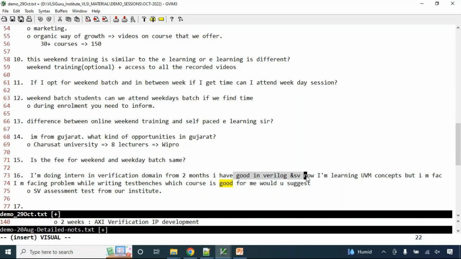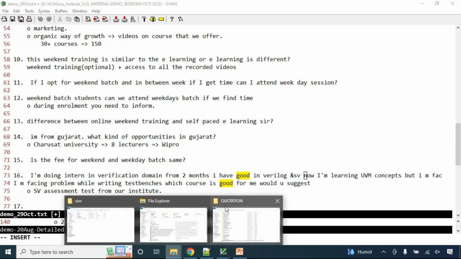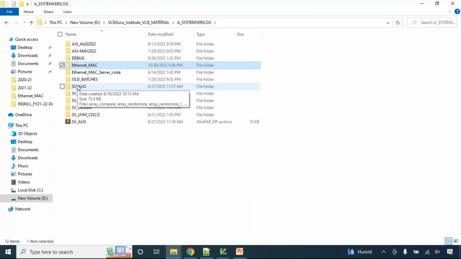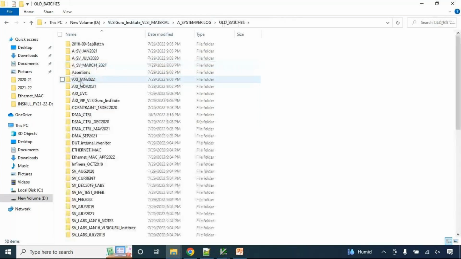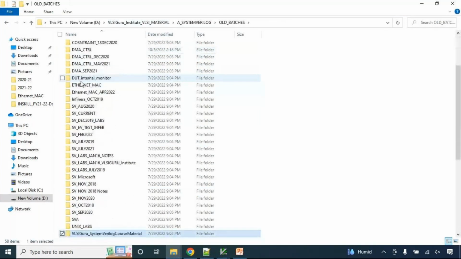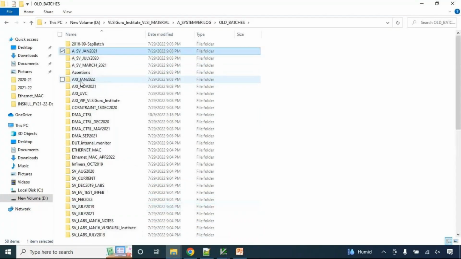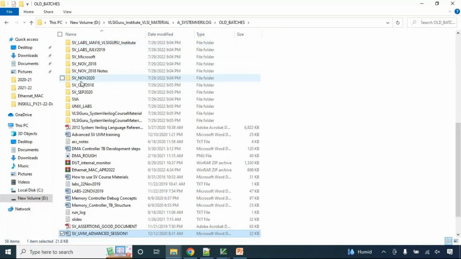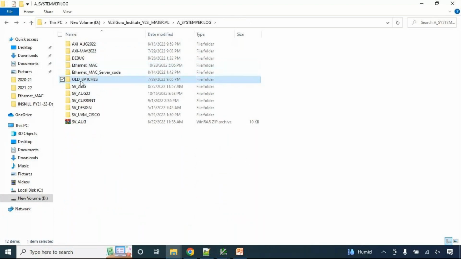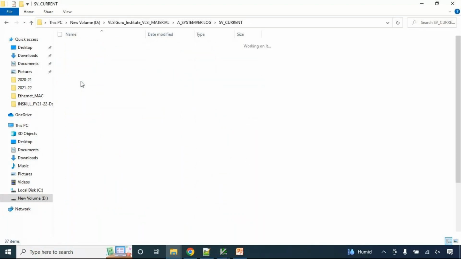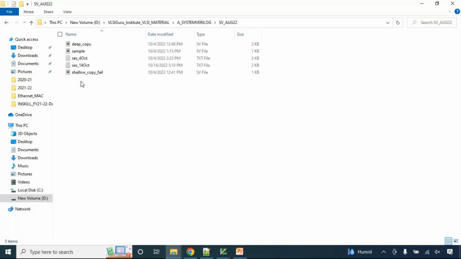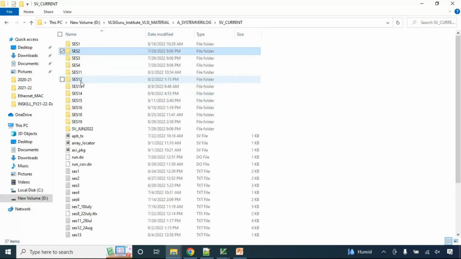For example, what do I teach in my SystemVerilog? We teach many things in detail. Let's say how to set up the entire test bench.